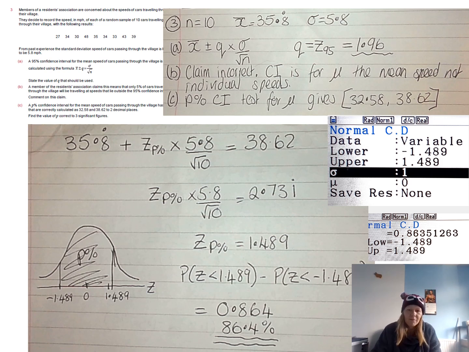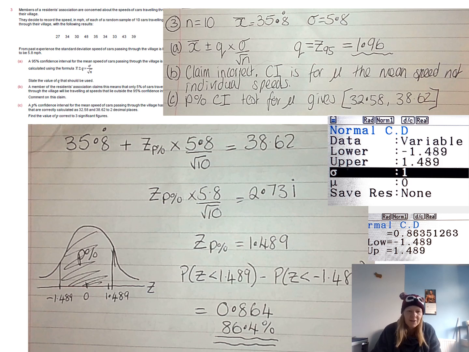So you can take that off there and get that. You can times that by root 10 and divide by 5.8 and get this. Then you know that the z value is that for the upper limit, so it's obviously going to be minus it for the lower limit. So those are the two z values.